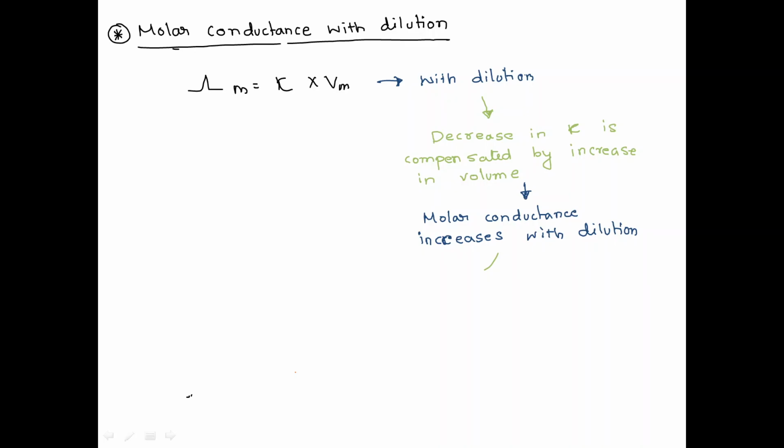If you dilute the solution, it is pretty general that the volume of that solution will increase, so the Vm will increase. But we know that with dilution the conductivity will decrease. So these two are opposing terms: one is increasing and the other is decreasing.